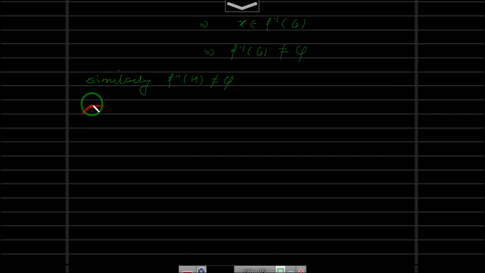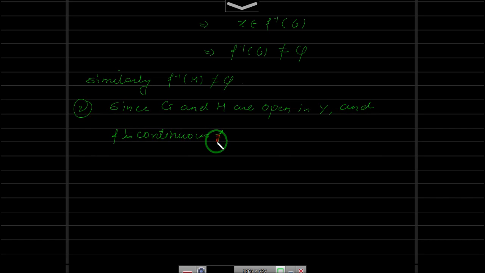The second point, we need to show that both are open. Right? f inverse of G and f inverse of H are open. So for that, as we have said, since G and H are open in Y, and we know that f is a continuous function or continuous map, the inverse image of an open set will be open in the domain.